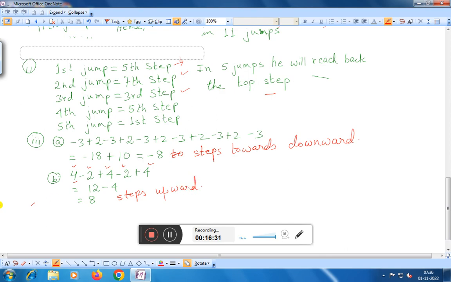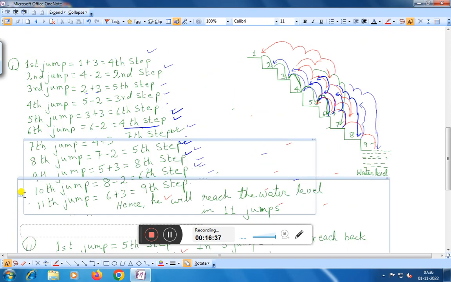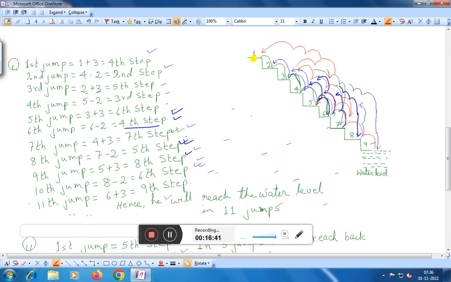Now here see in the figure, minus 8 means 8 steps downward. 8 steps downward means from 1, if we continue here from 1, that is 1, 2, 3, 4, 5, 6, 7 and 8.